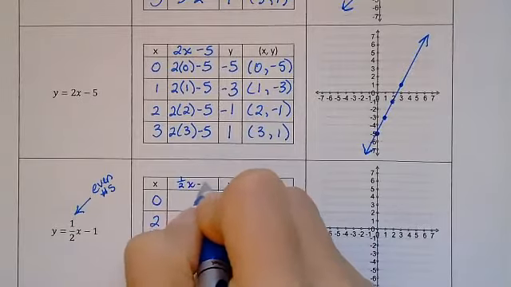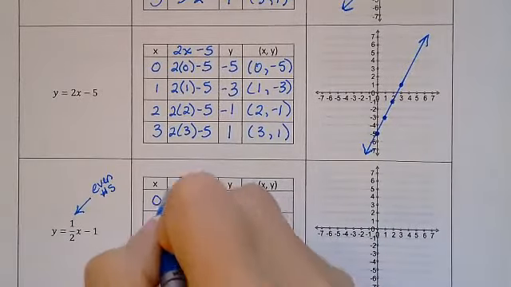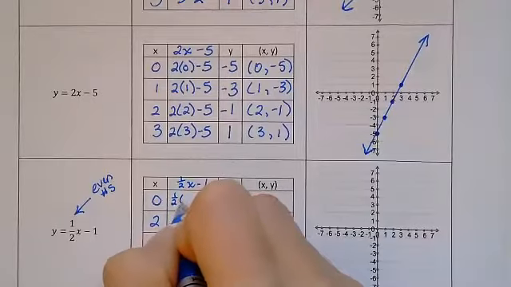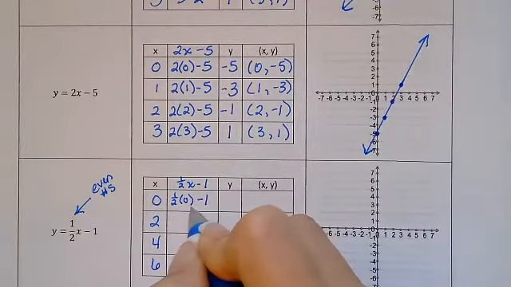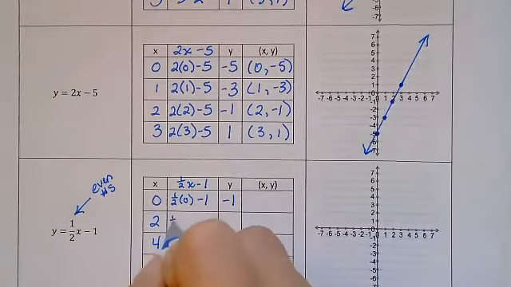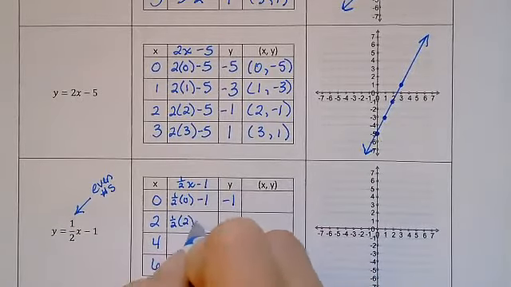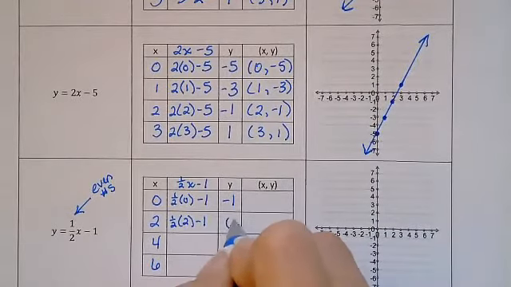1/2 x minus 1 is the function. And let's substitute. A half of 0 is 0, and 0 minus 1 is -1. A half of 2 is 1, and 1 minus 1 is 0.